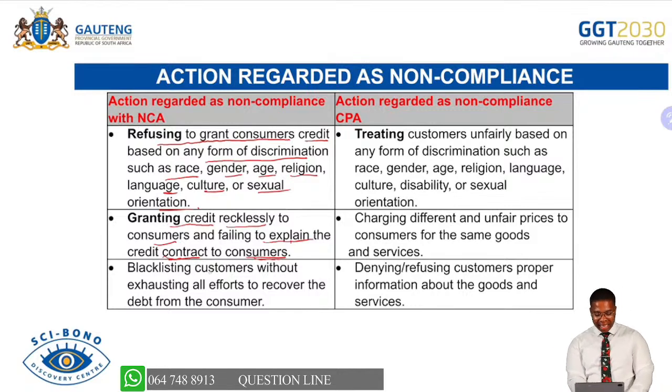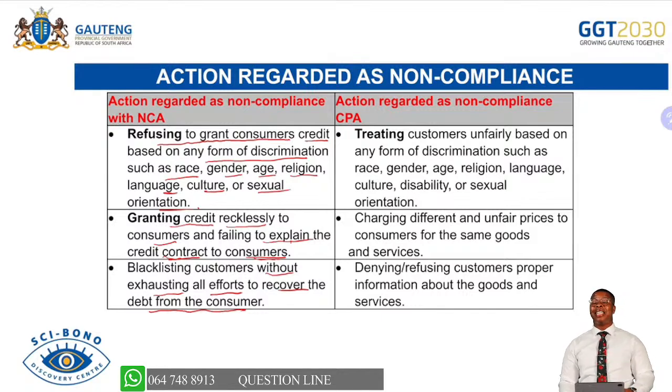Then, blacklisting customers without exhausting all efforts to recover the debt from the consumer is considered to be non-compliance. Should a consumer skip 1 month, it doesn't necessarily mean the business should then jump to blacklisting.